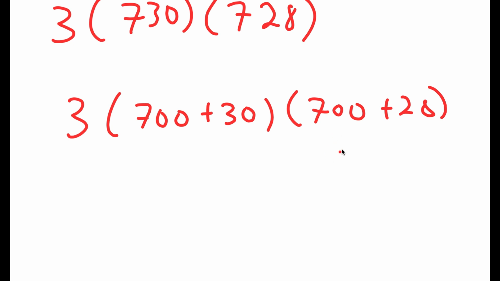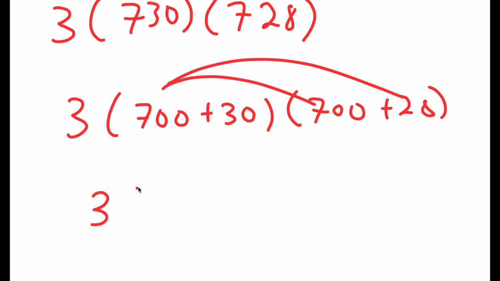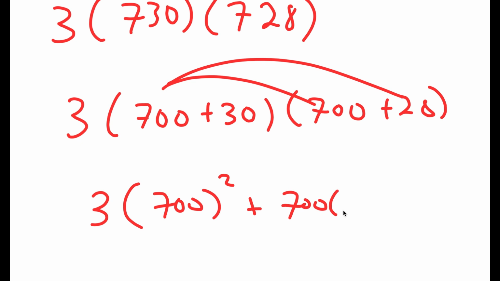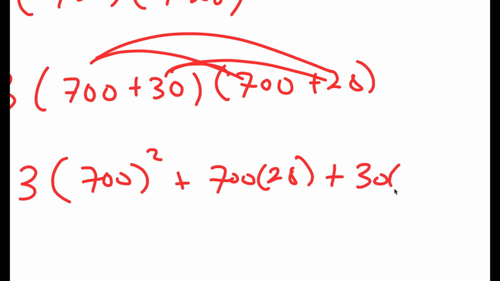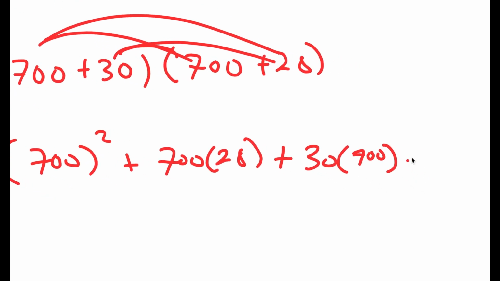So I can distribute the 700 first. So I get 3 times 700 squared plus 700 times 28 plus, I'm going to distribute the 30 times 700 plus 30 times 28.